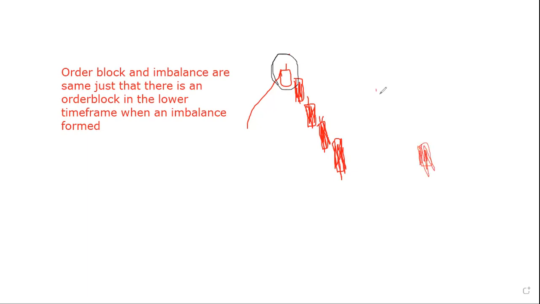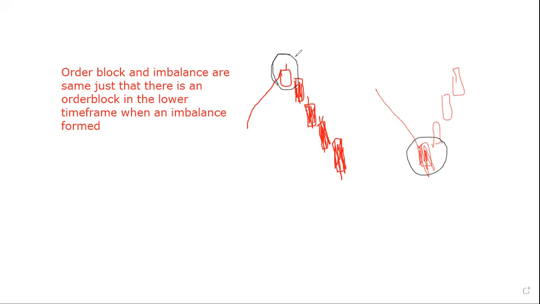We have the drop, then price shoots up very quickly, leaving this particular region here. Now, this is a bearish order block, and this is a bullish order block.